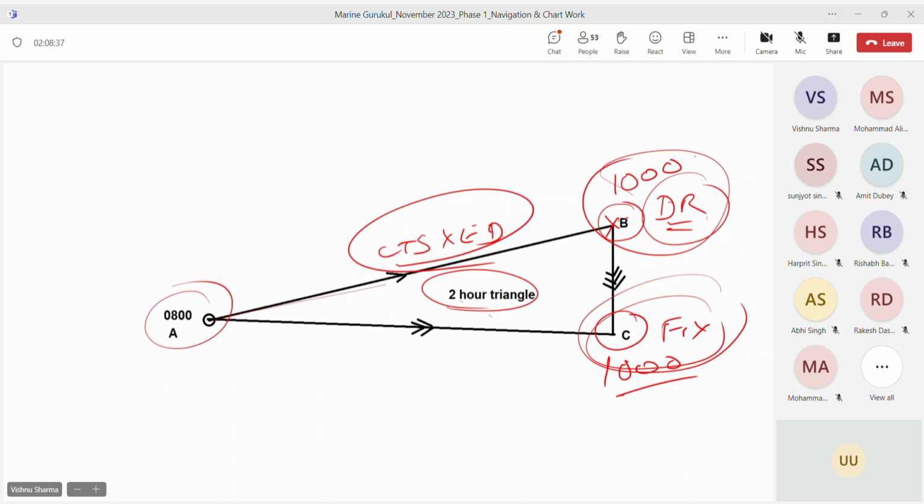You remember this triangle we used in our last class? No, sir. You don't remember? Yes, sir. We remember, sir. So what revision did you do, beta, if you don't remember? Did you try to revise anything?